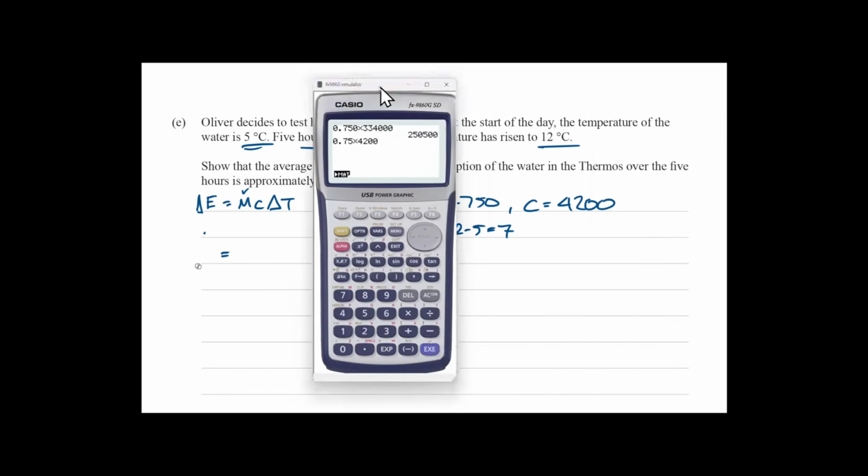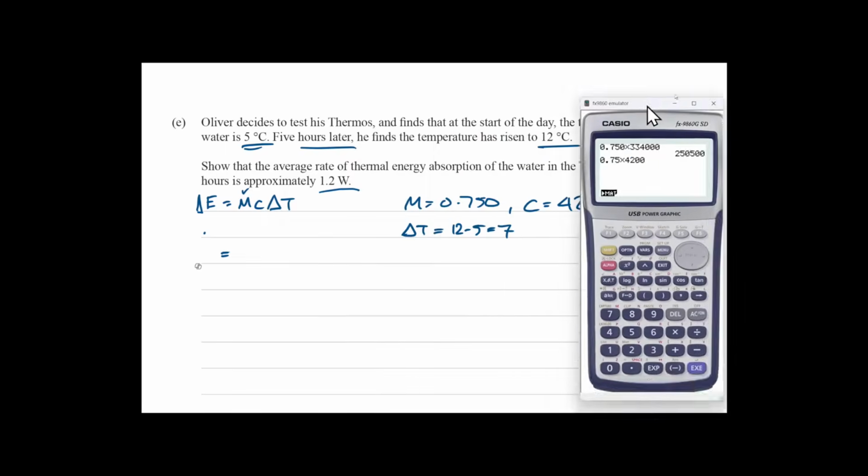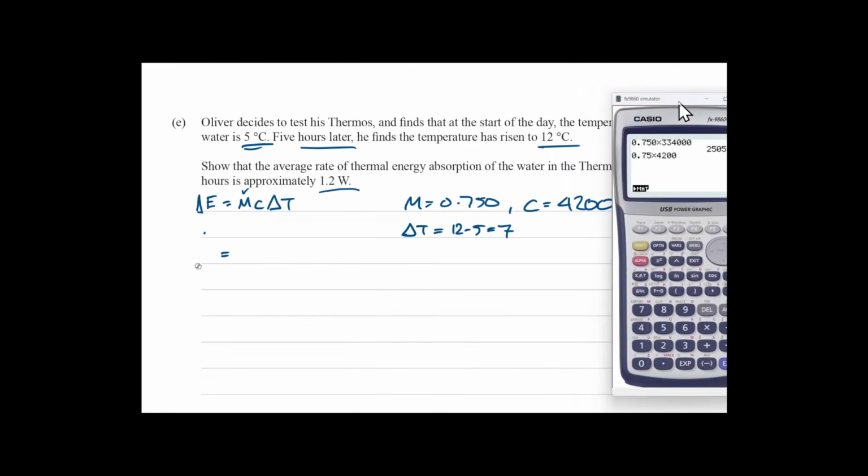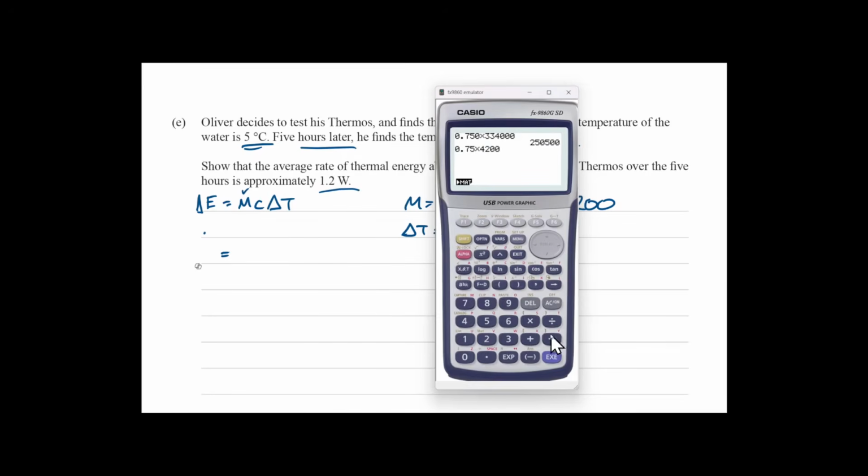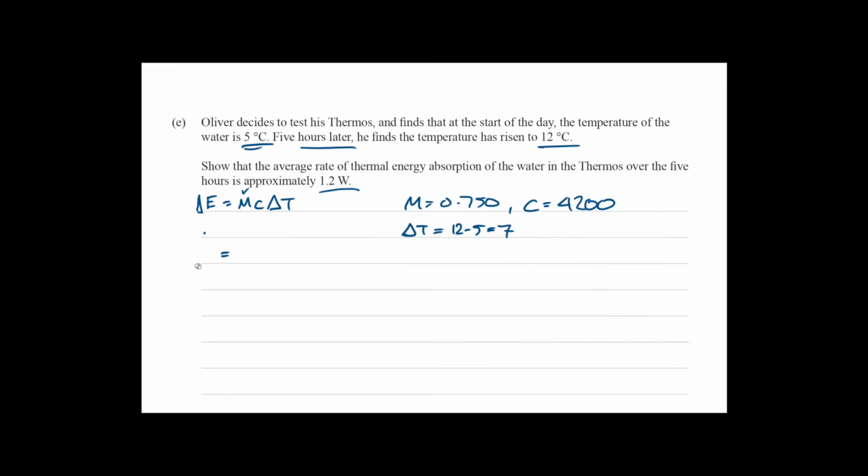Let's move this calculator across. Times the change in temperature, which is 7 degrees. And we come up with 22,050 joules.